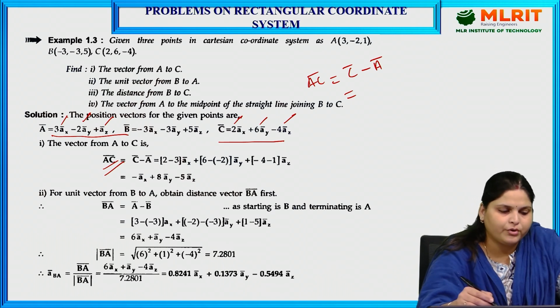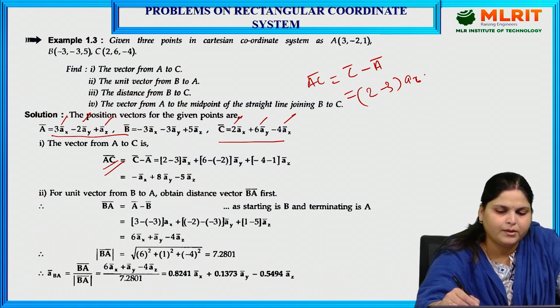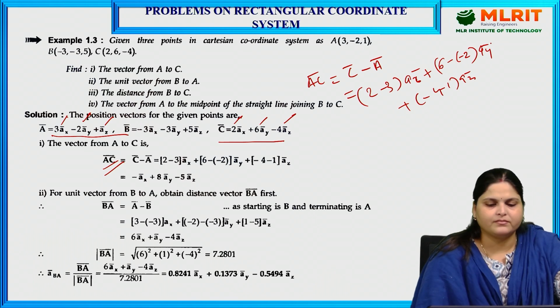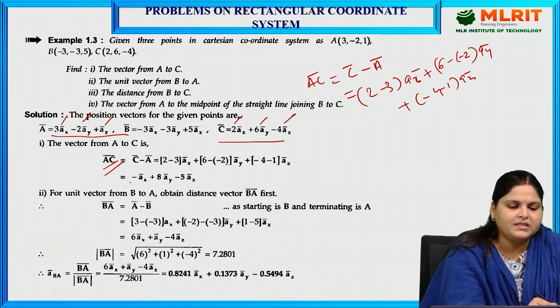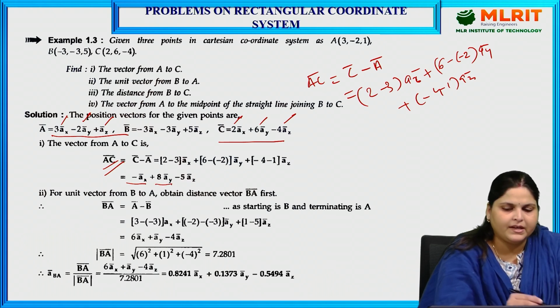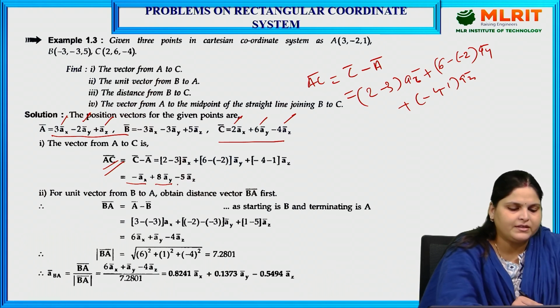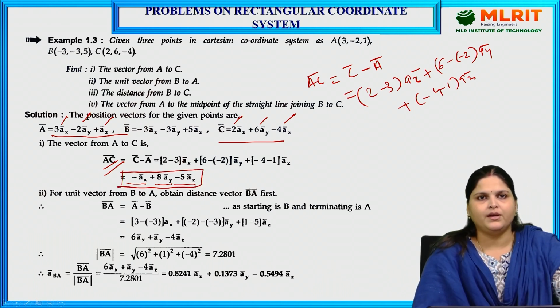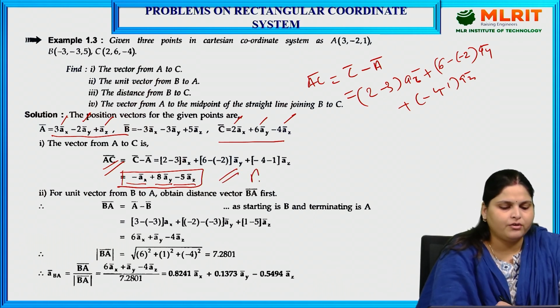We write 2 minus 3 ax, plus 6 minus 2 ay, plus minus 4 minus 1 az. On solving, 2 minus 3 means minus 1 ax, 6 minus 2 means 4 ay, and minus 4 minus 1 means minus 5 az. So vector AC we have got as minus ax plus 4ay minus 5az. So this is the answer of the first question.